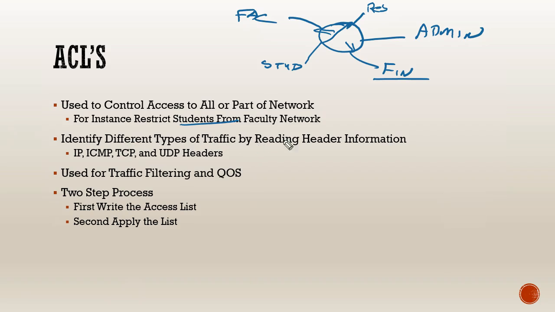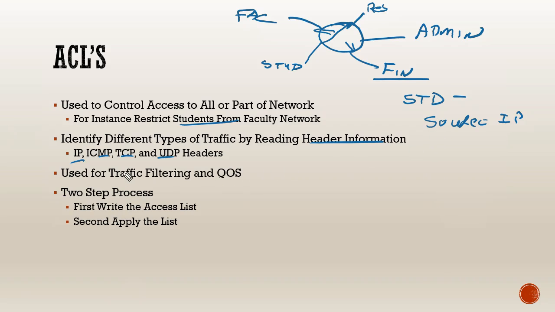Identify the different types of traffic by reading the header information, IP, ICMP, TCP, and UDP. What we're doing in ICND1 is a standard access control list which can only use the source IP. Get into ICND2 with the more advanced access control lists.